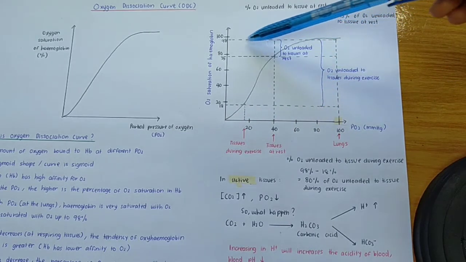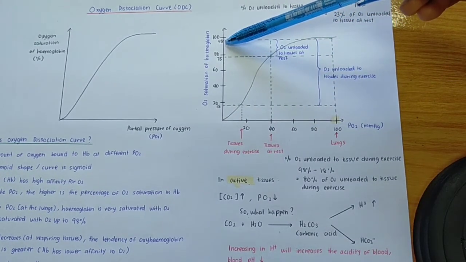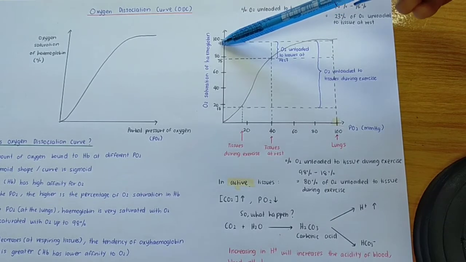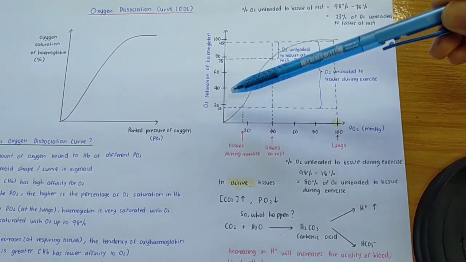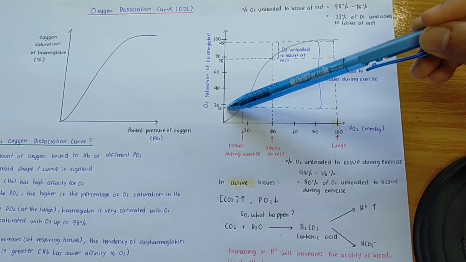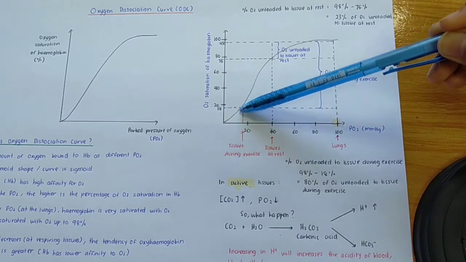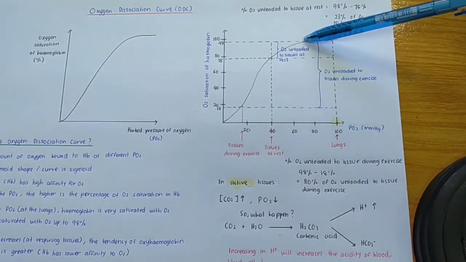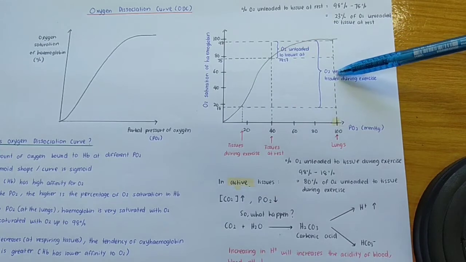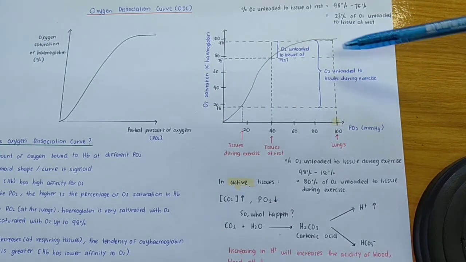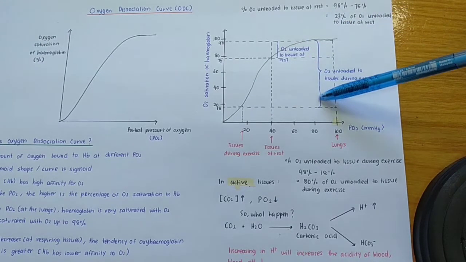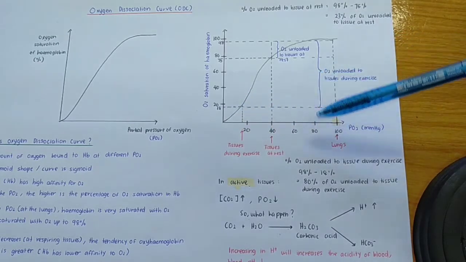Okay, so the percentage of oxygen saturation of hemoglobin at lung is 98%. But the percentage of oxygen saturation of hemoglobin at tissues during exercise is 18%. So macam mana kita nak calculate oxygen unloaded to tissues during exercise? So daripada sini sampai sini lah. Okay, so how to calculate?